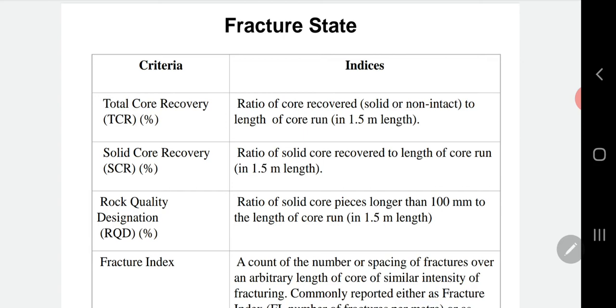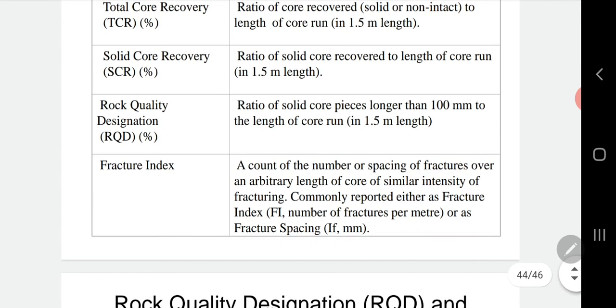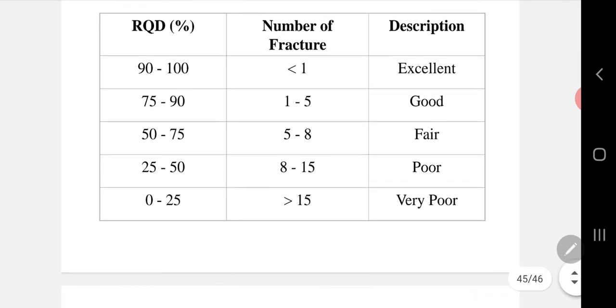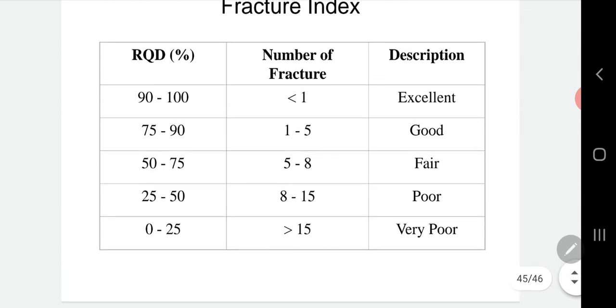Next, you take this sample and extract it from the sampler, and you get the original sample from site. Recovery means that if you have about 1 meter length of sampler, and when you extract the sample, you get 1 meter length of sample. That is what we call 100% recovery.